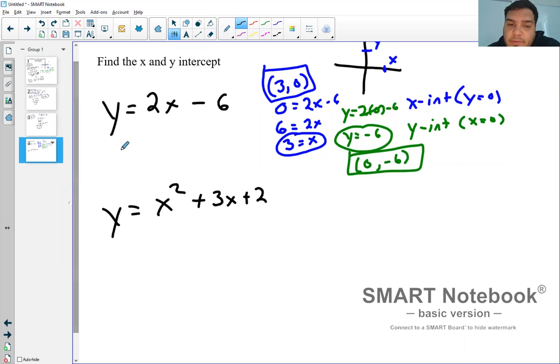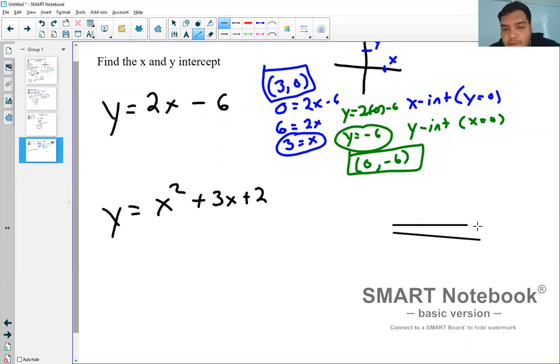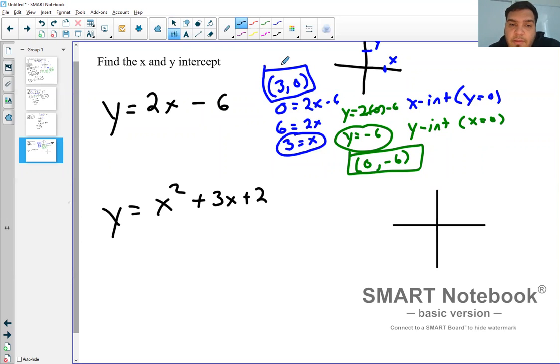Now, for the next one, it is squared. What is the squared going to tell you? Well, you might have multiple intercepts. If you remember from parabolas, I'll make a quick xy grid right here. Parabolas could look like this.